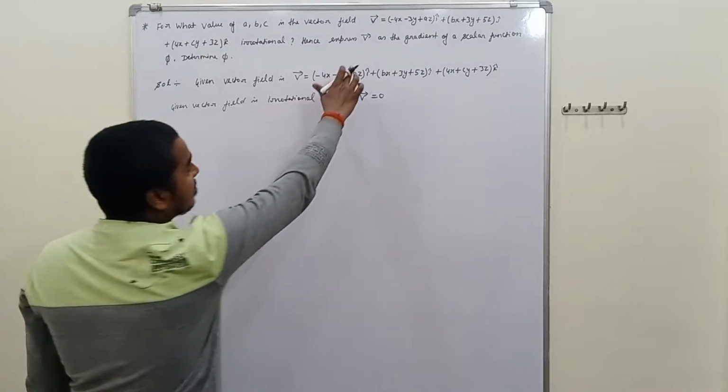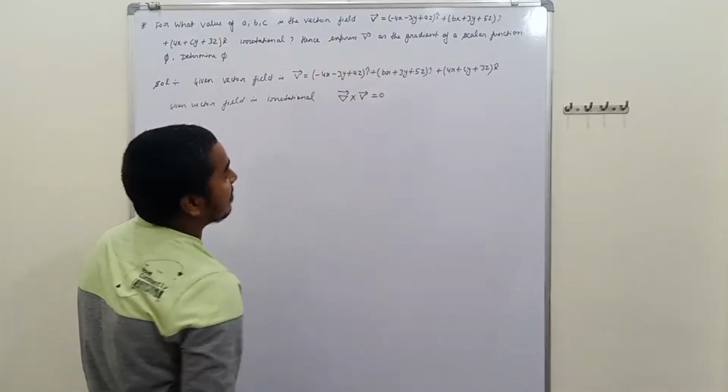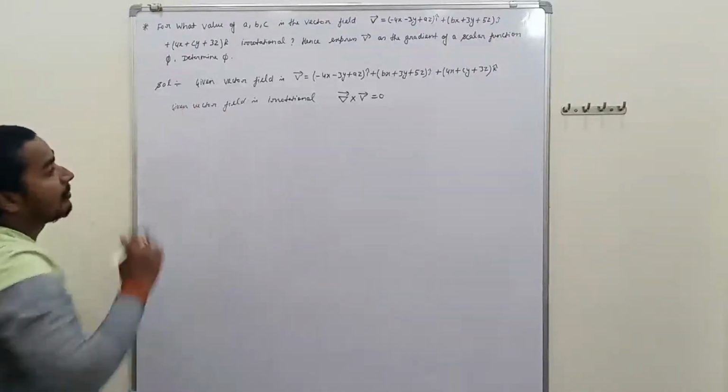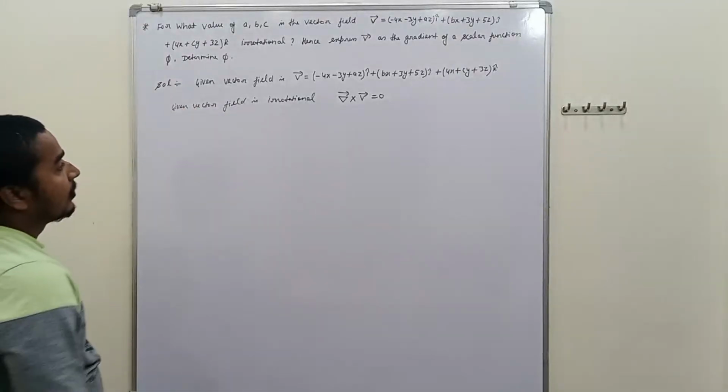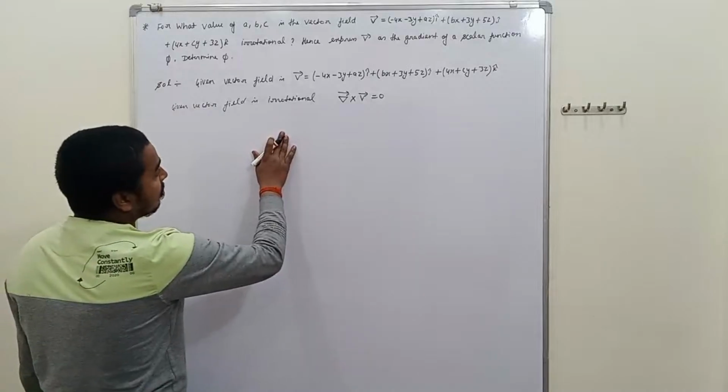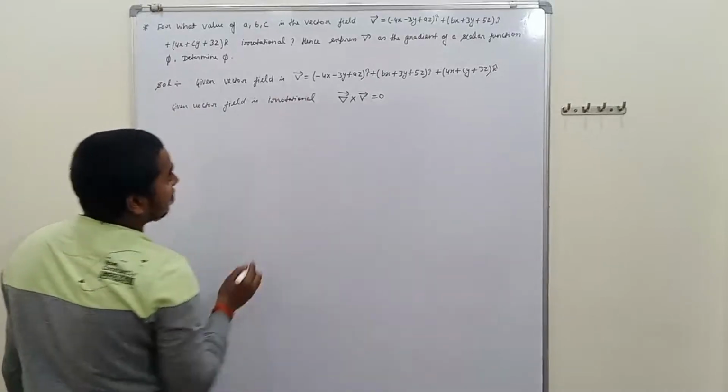Then we have to express V as the gradient of a scalar function and determine phi. First, we have to show the given vector field is irrotational.